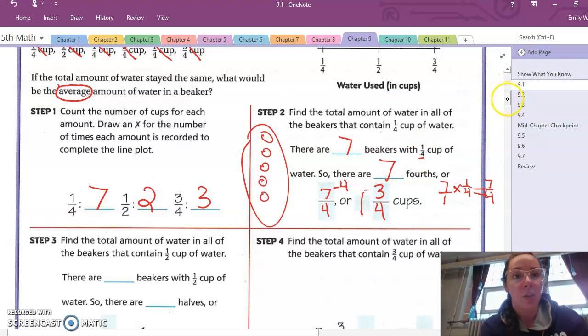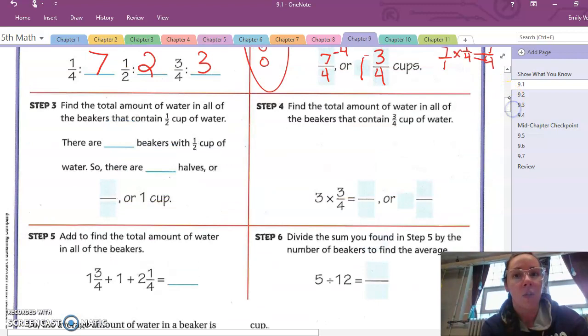Okay, let's do steps 3 and 4. Find the total amount of water in all of the beakers that contain half a cup of water. So there are 2 beakers with half a cup of water. So we're going to do the same thing we just did up here on step 1. Write yourself a little multiplication. Do the fraction times the number of times it shows up.